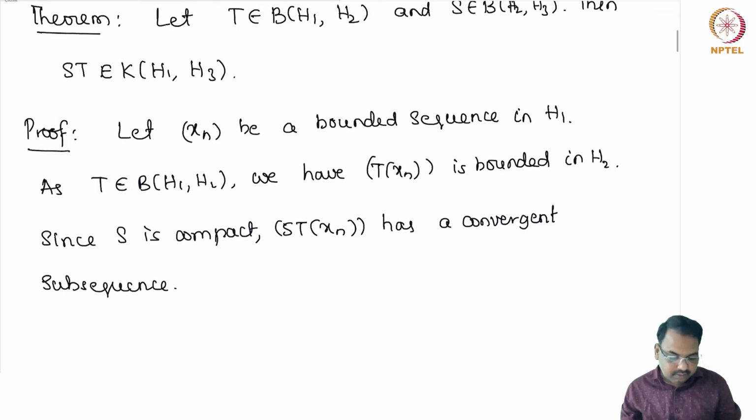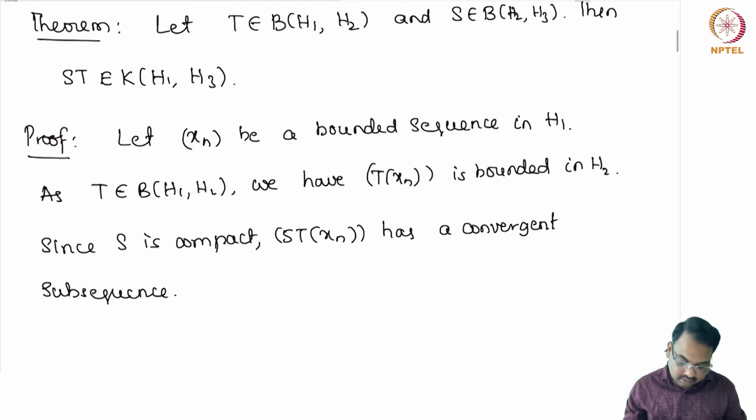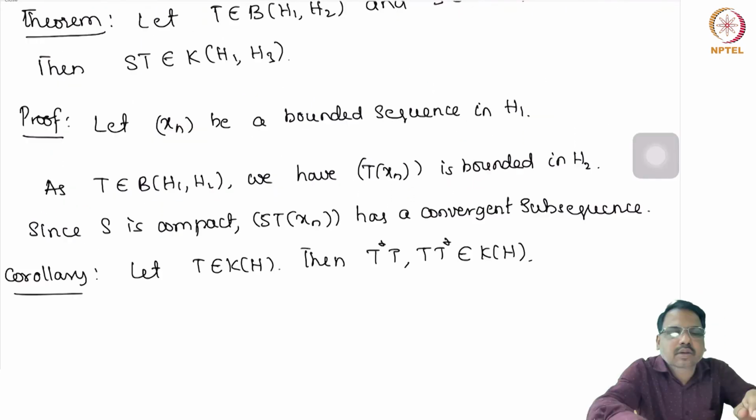Okay. We can also show that the other way is also true. That means if you start with a bounded operator and compact operator, if S is bounded and T is compact, we can show that ST is also compact.